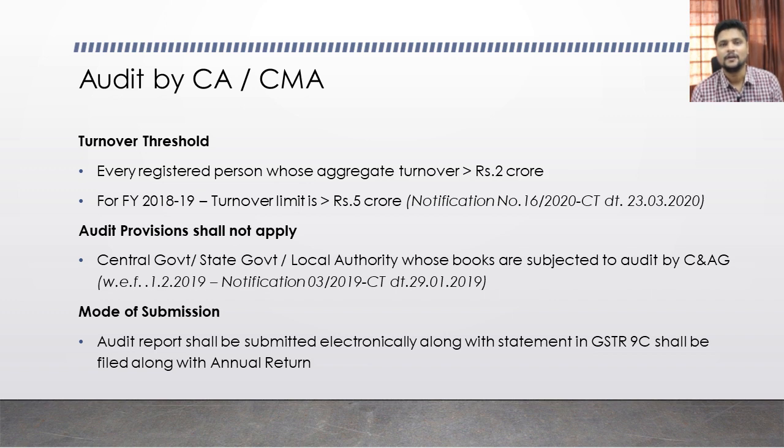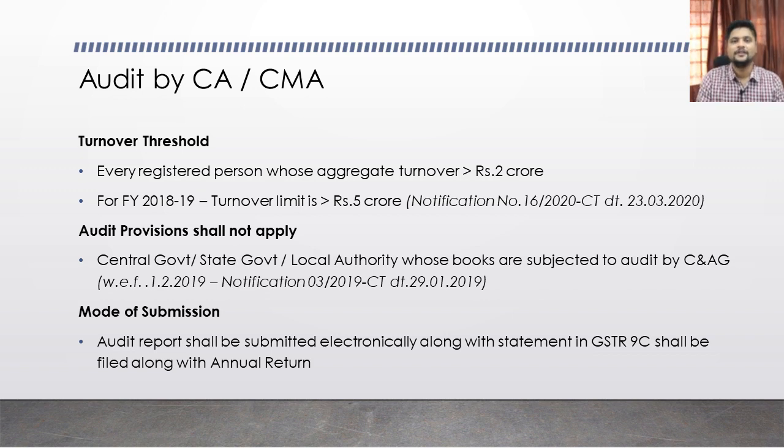So GST audit will not apply to such a central government department, state government department or local authority. It is not all central government departments; it is only those whose books of accounts are subject to audit by C&AG. Only for them will these provisions not apply.